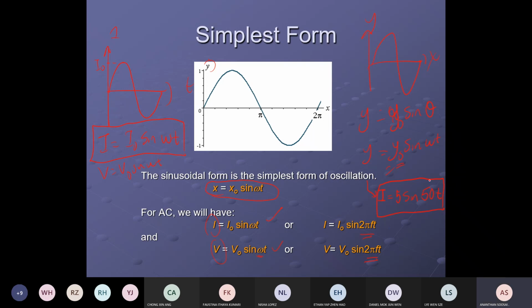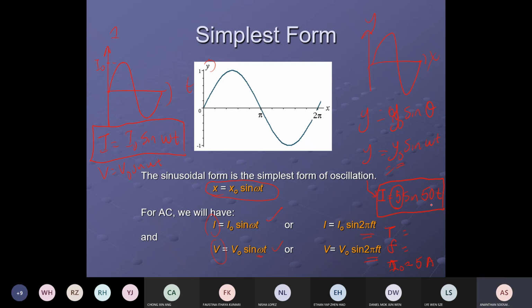From this formula you should be able to find the period, frequency, the peak current, and so on, same like a wave. Whatever is beside the trig function, the 5, will be your peak current, 5 ampere, let's say.